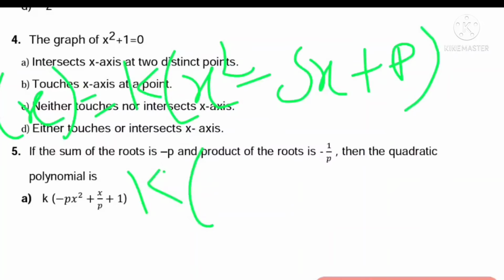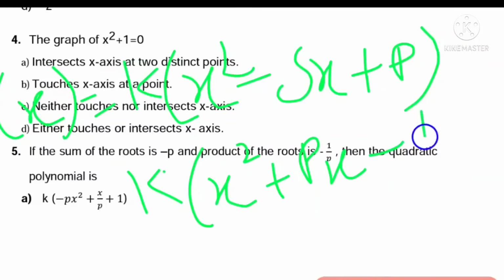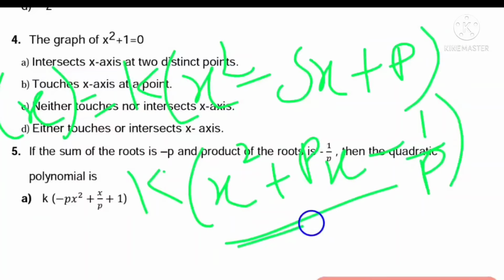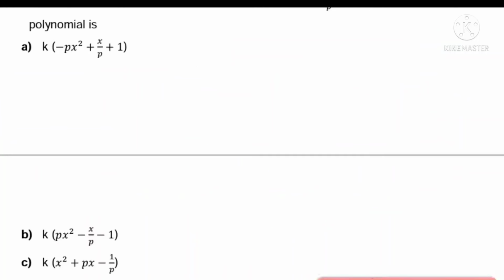Now x square minus sum is what, minus p, minus minus plus px. Okay, and product is here minus 1 upon p. Now this is the answer: x square plus px minus 1 upon p. So C is the answer: k x square plus px minus 1 upon p.